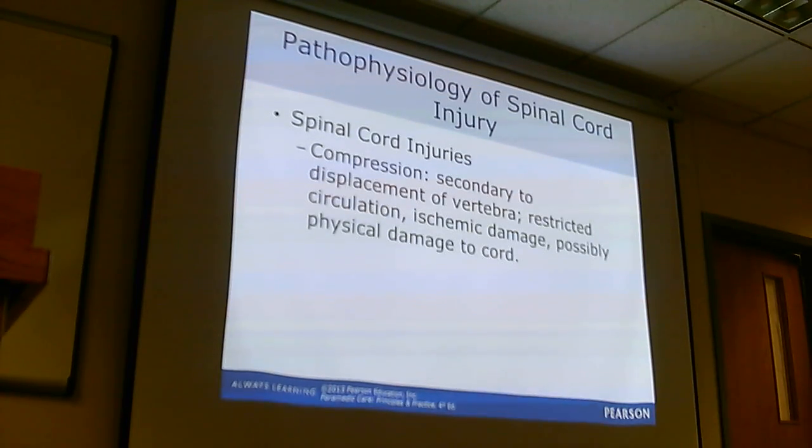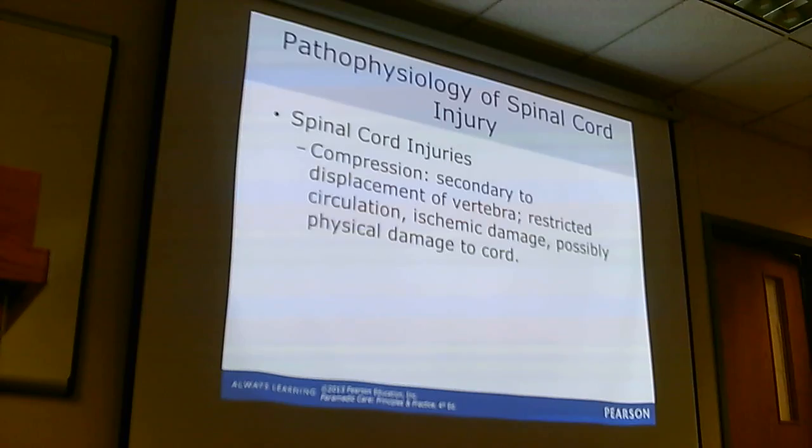When we talk about compression, or what's called neuropraxia, that's a different story. Compression can cause anything from a transient response to, if there's too much pressure for too long, permanent damage. It can decrease the blood flow there and kill it off.